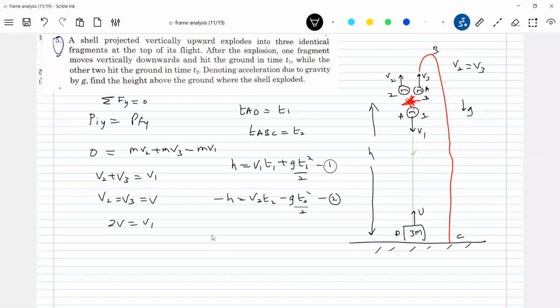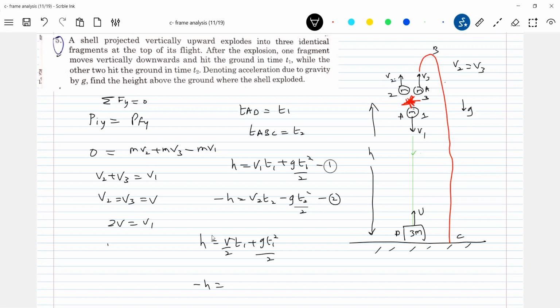So what is the question given for us? We should find the relation between, find the height above the ground where the shell exploded. So what are unknown things? That V1 and V2 are unknown, no? So what we have is V2 equal to V and V1 equal to 2V. Substituting this, H equal to V1, which is 2V, T1.